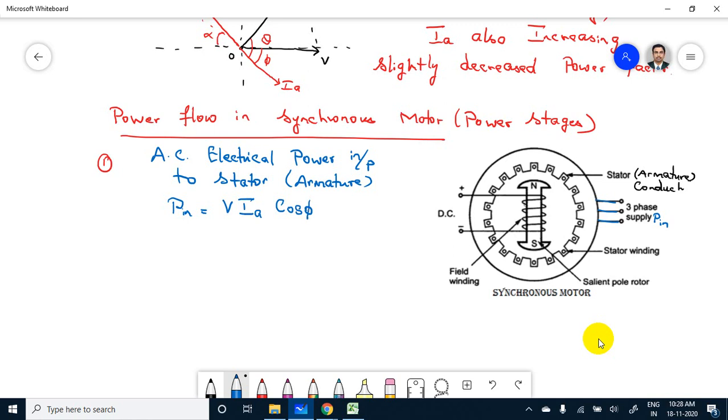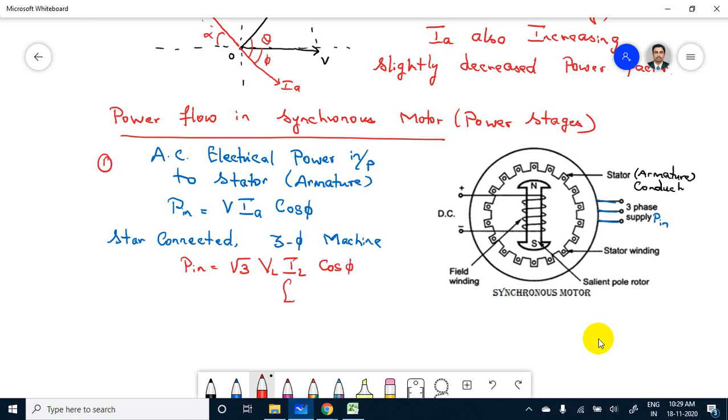Since the machine is star connected, 3-phase machine, the power input P in equal to √3 line voltage VL IL cos phi.